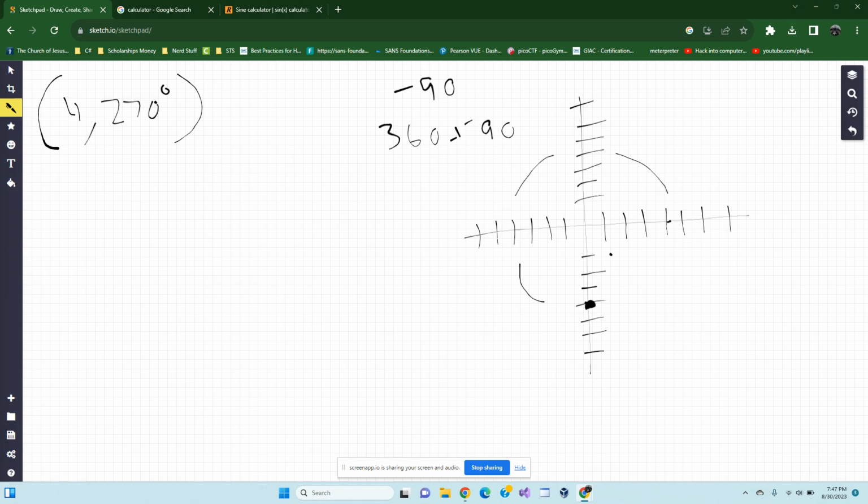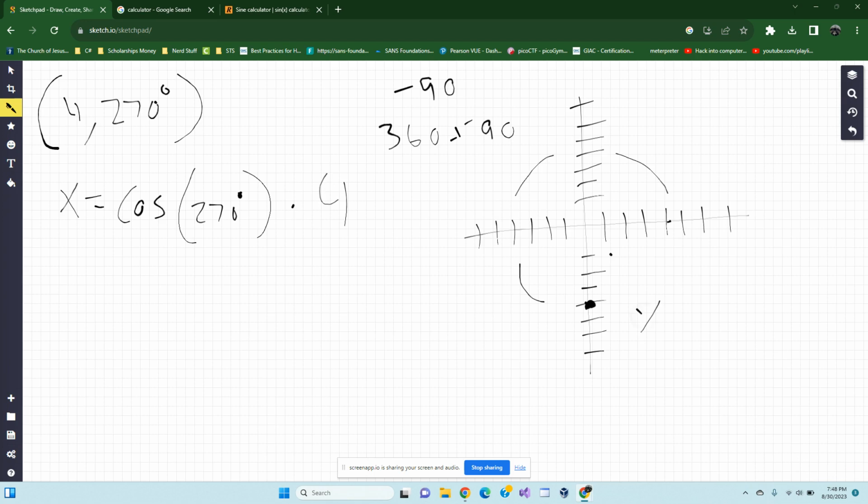So you need to have this remembered, but to find x and y of that point. If we didn't have a graph, we couldn't figure it out. Or if we had a funky angle, we couldn't figure it out exactly. So the formula for finding x is x equals the cosine of the angle 270 degrees times the radius, which is 4.